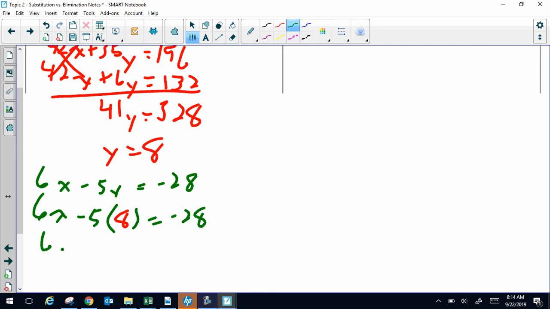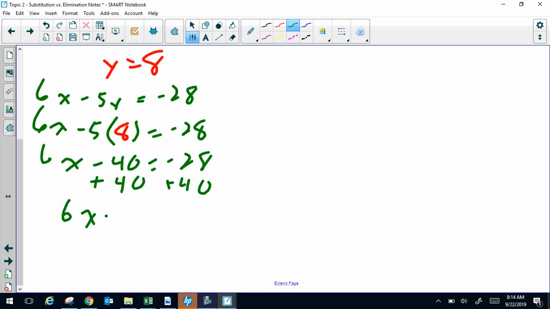Okay, so you get 6x minus 40 equals negative 28. Add the 40 over. So x is equal to 2. So my solution would be at (2, 8).